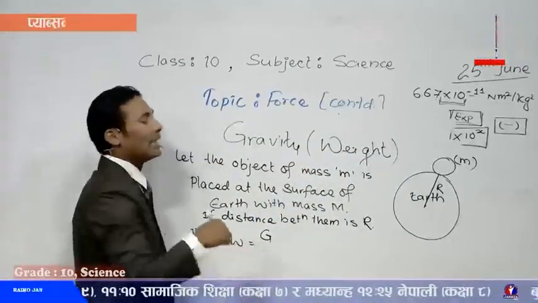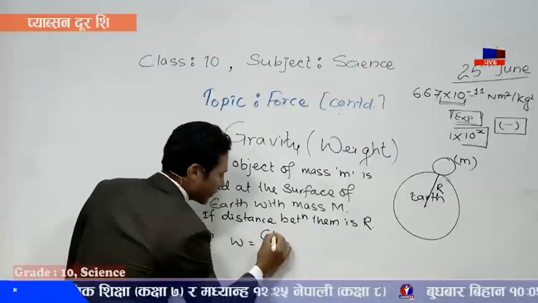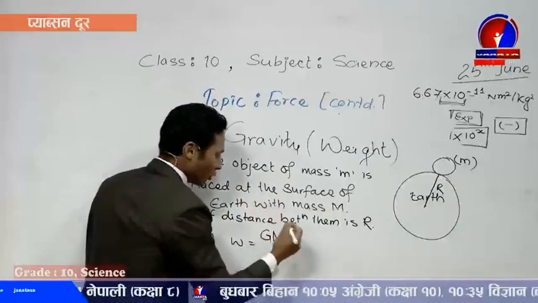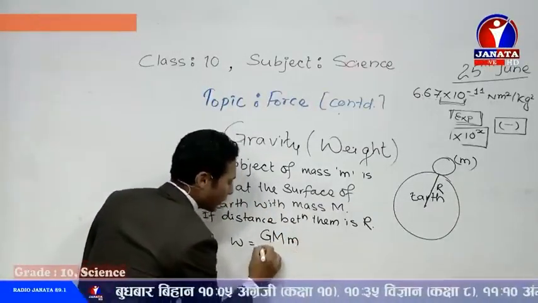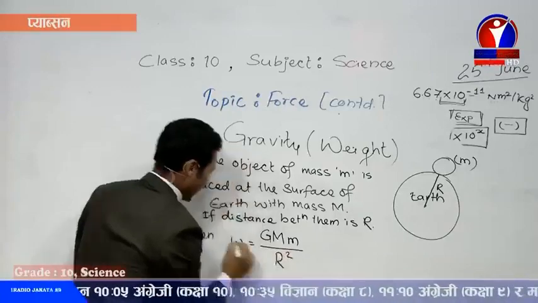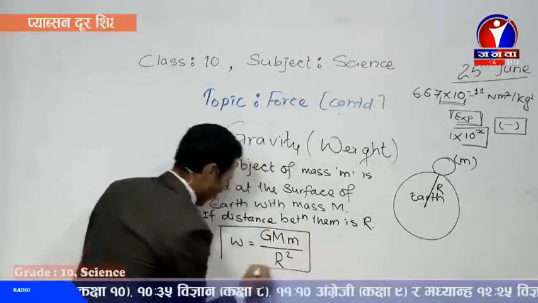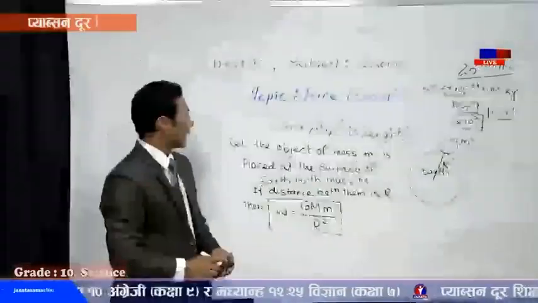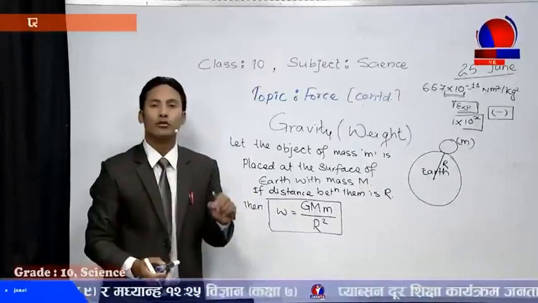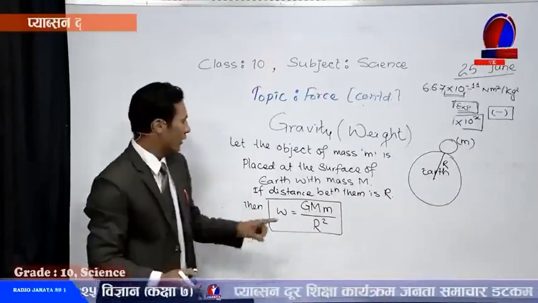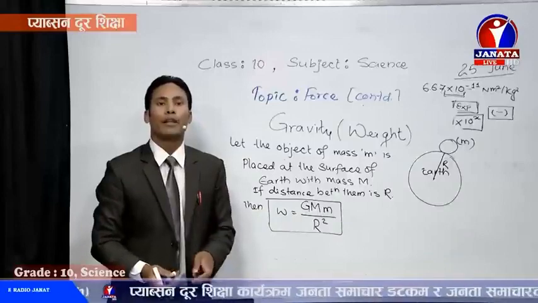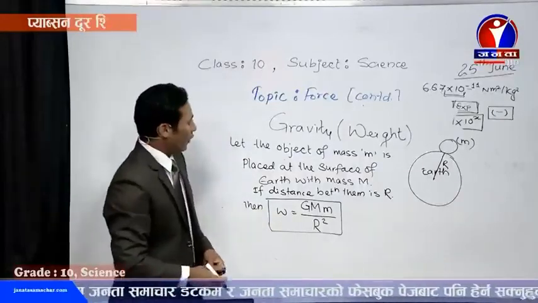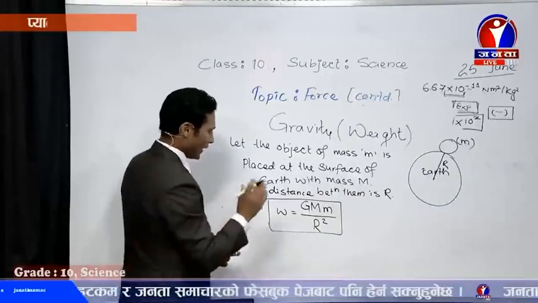Instead of M1, we write capital M because it is the mass of the earth, and M2 is small m, divided by R square. So W = G M m / R squared is the next formula for calculating the weight or the gravity. I have already said it is a special case of Newton's universal law of gravitation, so the unit of this weight is also the Newton.